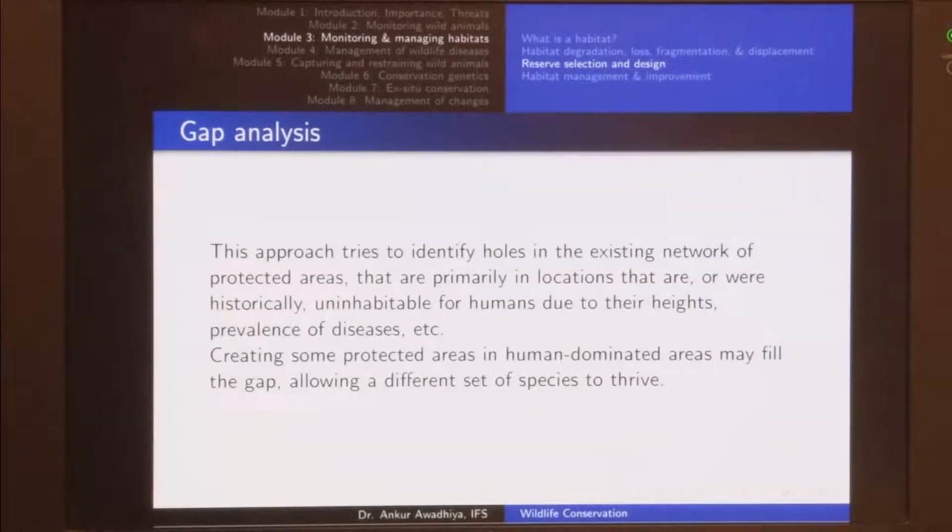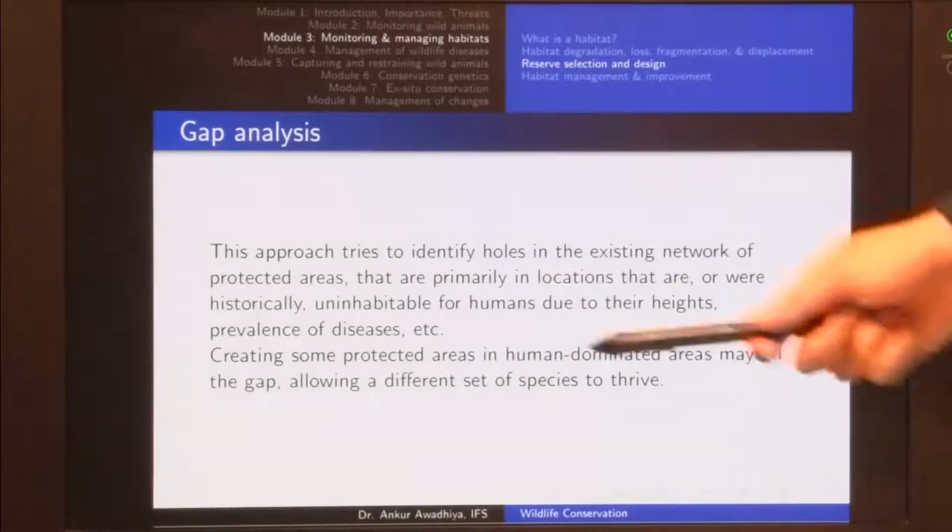But now that we know that most of our reserves are in those areas, and very little reserves in those areas which are inhabited by humans, it makes a great amount of sense to have some reserves at least in those areas which already have a human population. So, we might have to displace those human populations, but then by displacing those, we would create situations in which we would have a very large amount of species richness and species biodiversity.